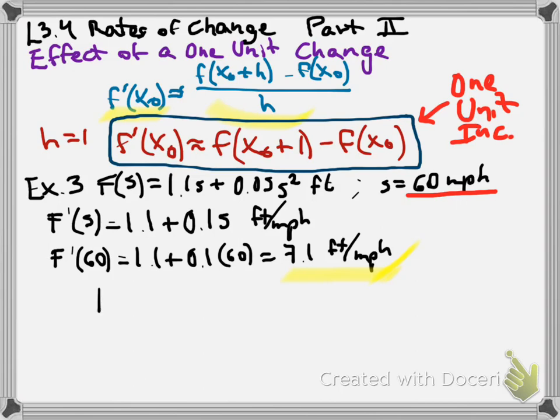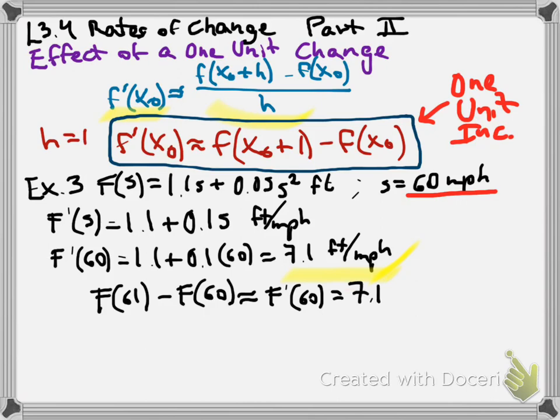We will find f of 61 minus f of 60 to verify my answer, which is going to be approximately f prime of 60, remember, and that was 7.1, the answer that we had before, miles per hour. On letter B, you have to compare the estimate with the actual increase in the stopping distance, so the real value. So let's find it.